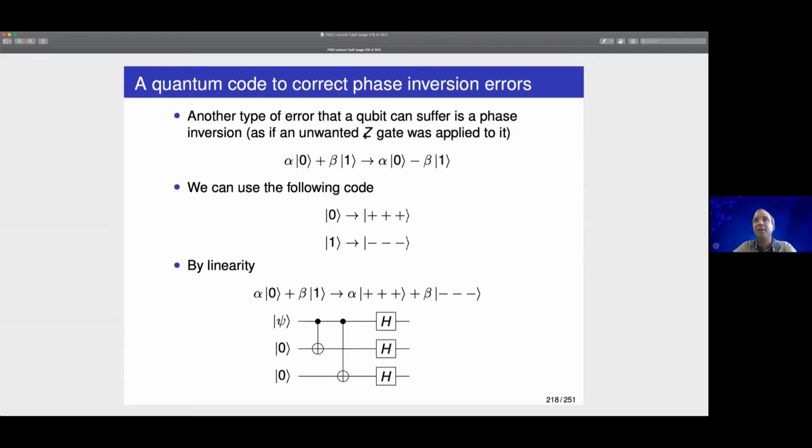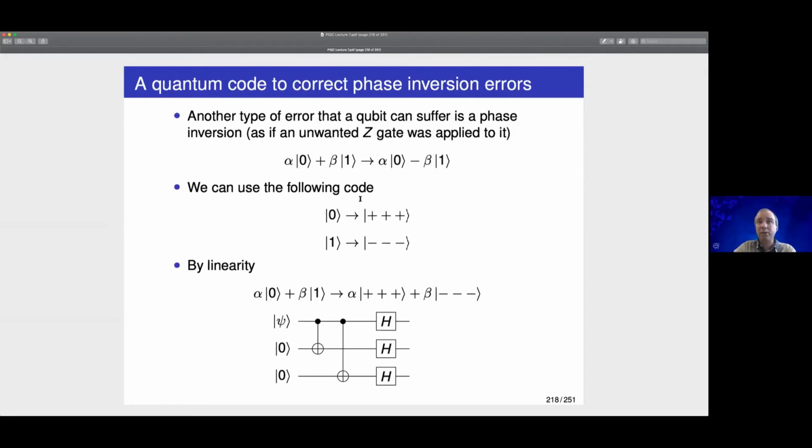Okay, so imagine now that we have this qubit, and it changes to this other state, which is different. In fact, it is orthogonal, because a Z gate has been applied in an unwanted or uncontrolled way to the information.